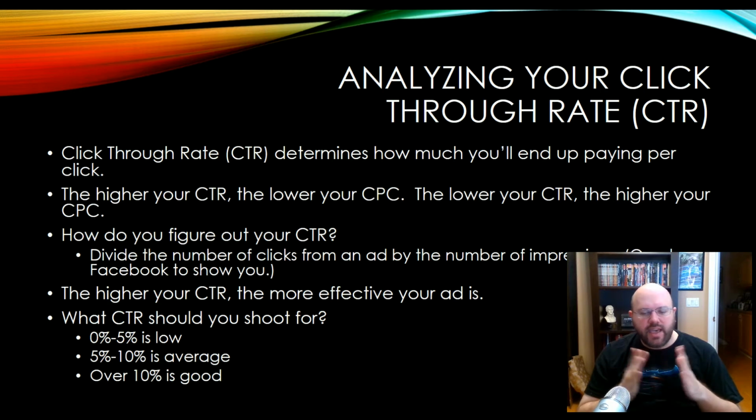So if you're in that range, your ad's doing pretty well. If you're over 10%, you're doing good. Okay, so if you're a real stickler like me who tries to get the lowest cost per click possible and get the most optimized ad possible, you're going to want to shoot for over 10% click-through rate. Okay, but you don't have to. All right, 5 to 10% is decent, but the higher the click-through rate, the better your ad is doing.